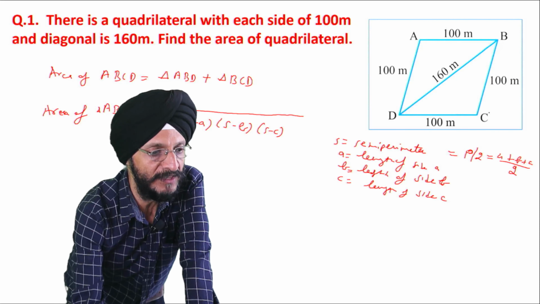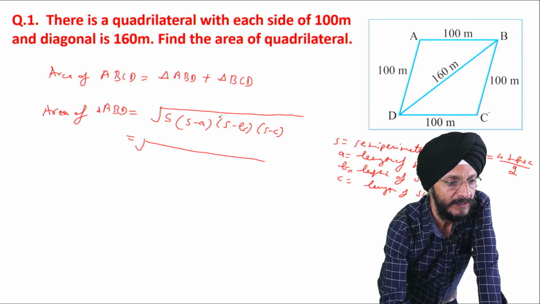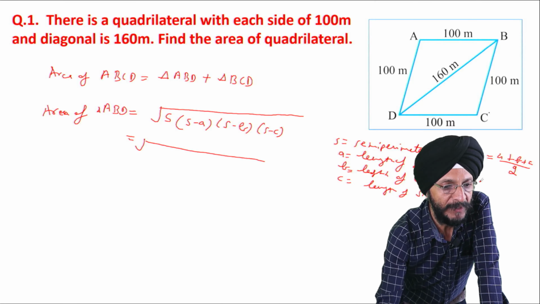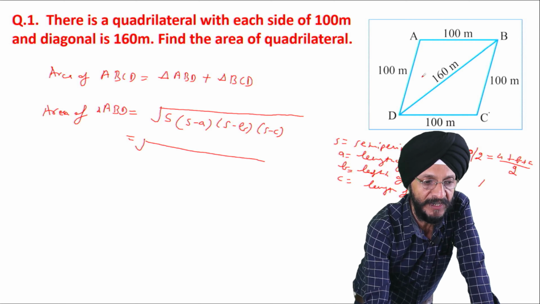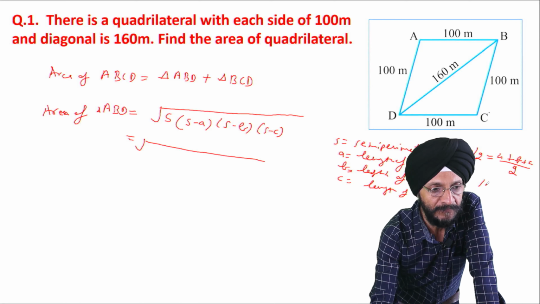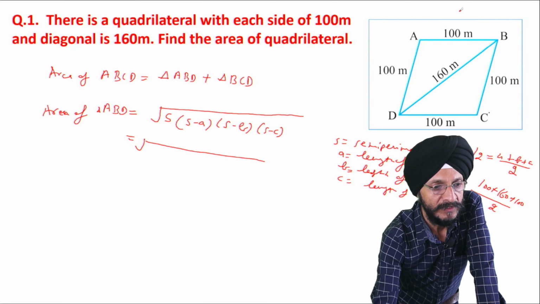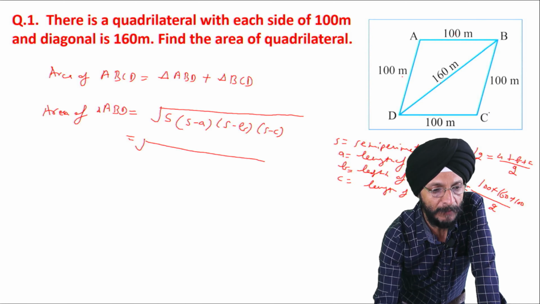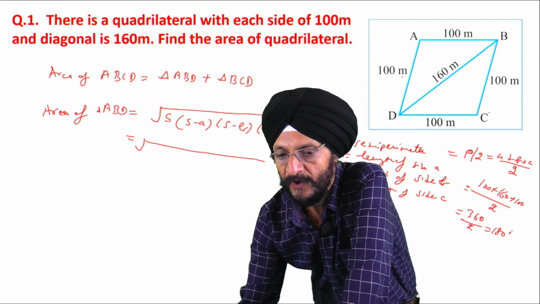So here we will fill in the values. What is the value of semi-perimeter? Here we are calculating the area of triangle ABD. So the value of A will be 100, 160 and 100 divided by 2. This is 100, this is 160, this is 100. So it will come as 360 divided by 2, which is equal to 180 meter.